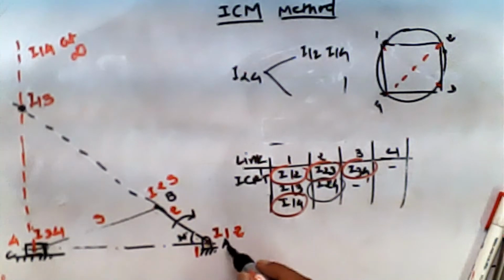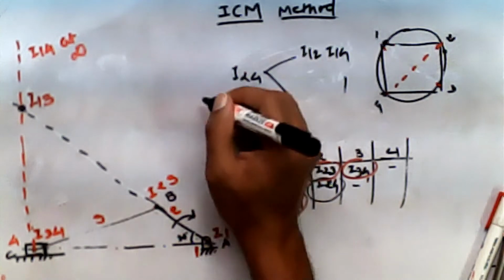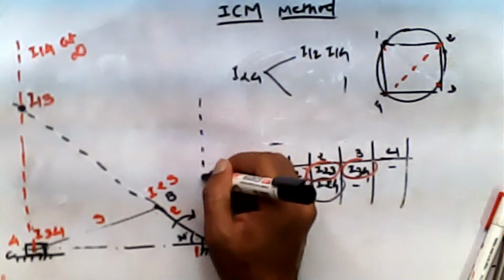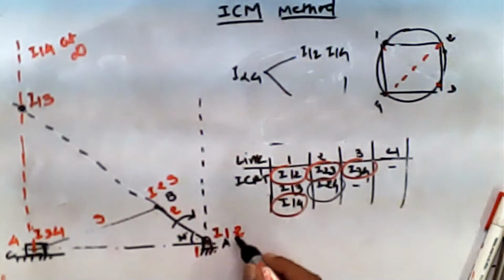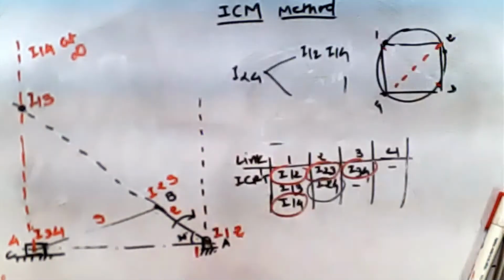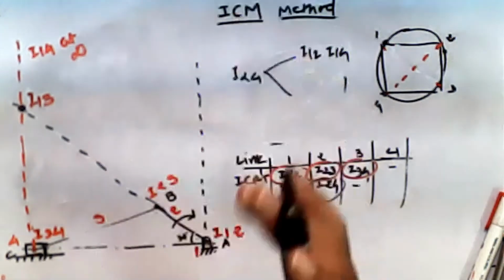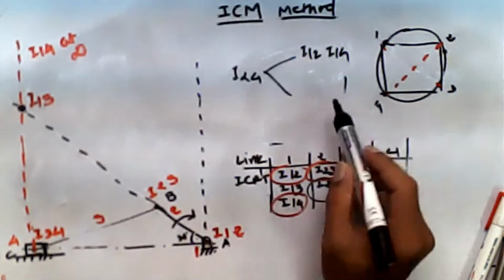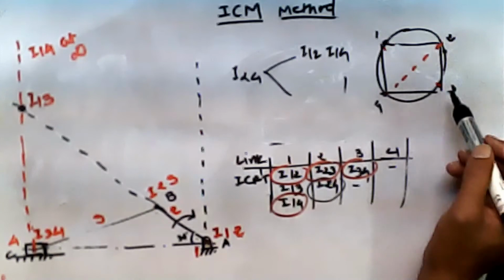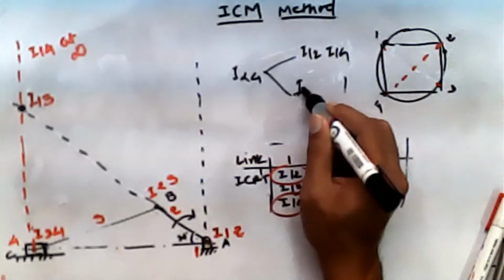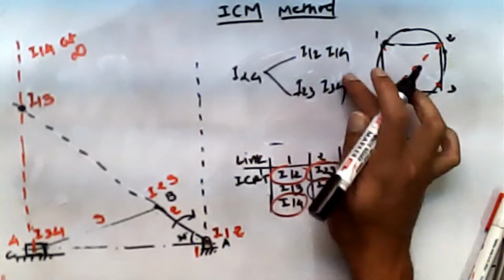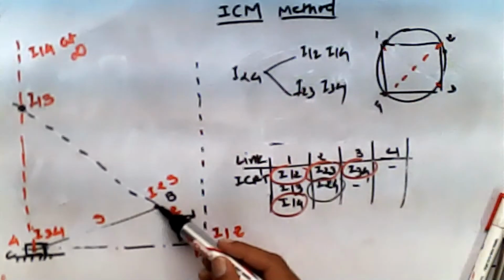So for 1 2 and 1 4, I need to make one perpendicular line, obviously. 1 4 lies at an infinite position that is 90 degrees to the line of stroke, so I can simply make a vertical line, correct? Then the next is 2 3 and 3 4. 2 3 is here, 3 4 is here.